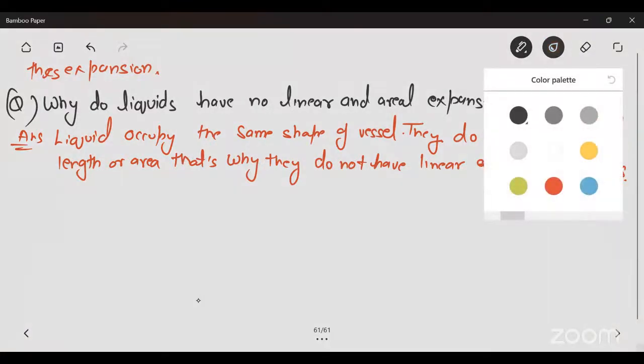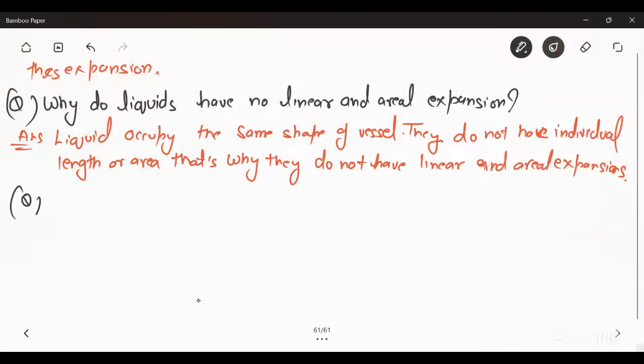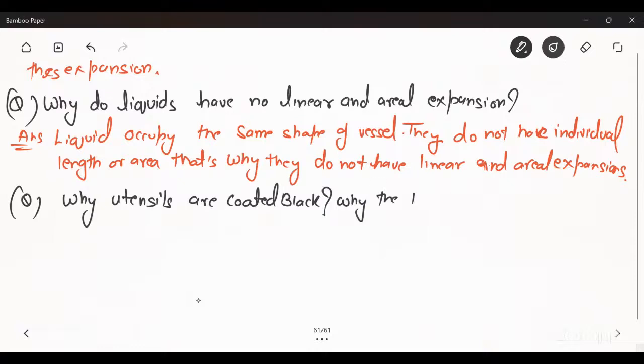Now the next question is: why are utensils coated black, and why is the bottom of the utensils made of copper?